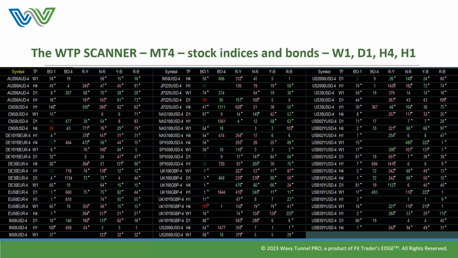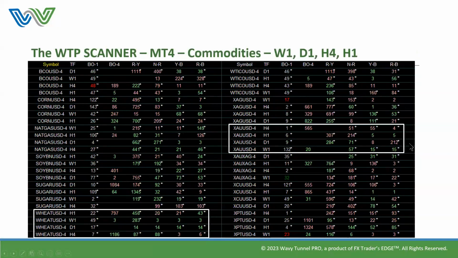I ran it on the weekly, daily, 4-hour, and 1-hour, but you can certainly run it on smaller time frames as well. I'm not going to go into this right now, but I do have a few examples on the commodities. I ran the weekly, daily, 4-hour, and 1-hour, and I'm going to show you gold and wheat.